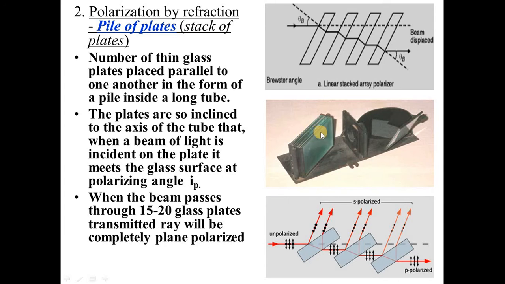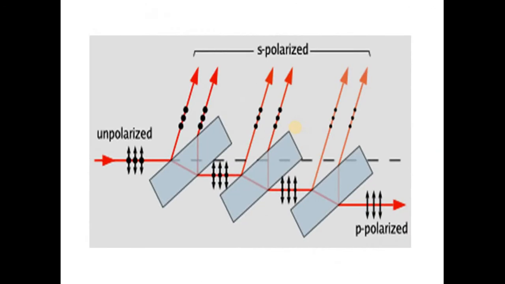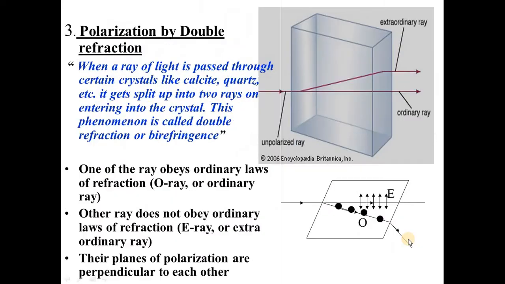A pile of glass plates is arranged parallel to each other, and light is allowed to fall on this, and the light which is transmitted and comes out here will be plane polarized. Okay, so it is the next method, and you can see the picture clearly. Reflected light is polarized, and the refracted light which is coming out is completely polarized.